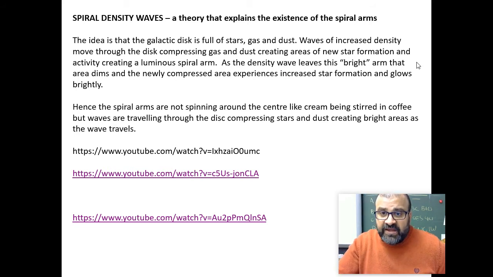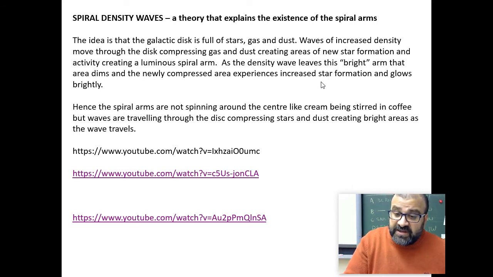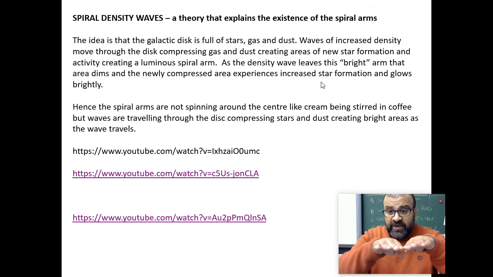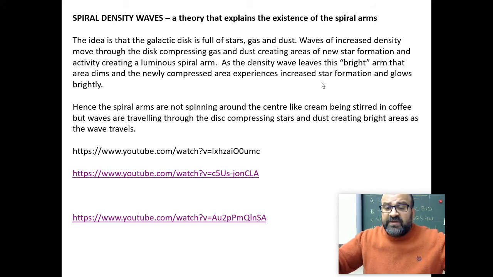As the density wave leaves this bright arm, that area dims, and the newly compressed area experiences increased star formation and glows brightly. Hence, the spiral arms are not spinning around like cream, but are waves of density traveling through the disk, compressing stars and gas, creating bright areas.